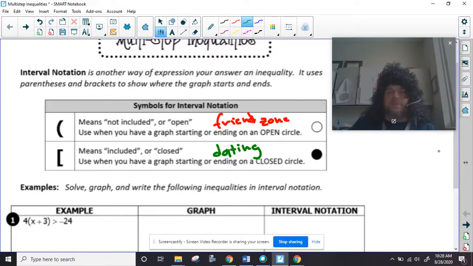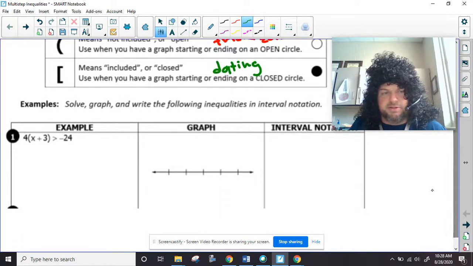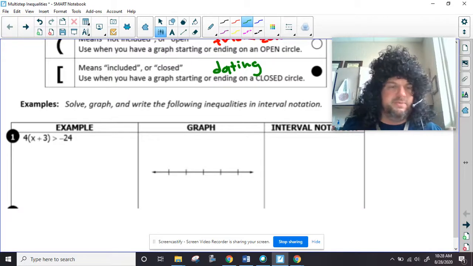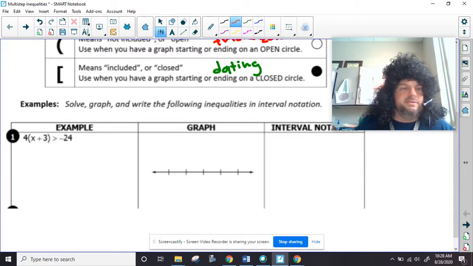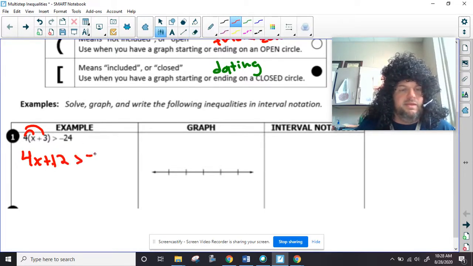All right, now, for your multi-step inequalities, they work very similar to your multi-step equations. So we are going to distribute right here. So we have 4x plus 3. Oh no, it's not 3, because we actually have to multiply 3 and 4 to get 12. Negative 24.